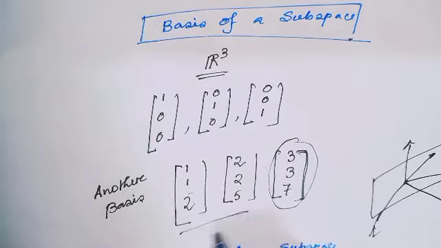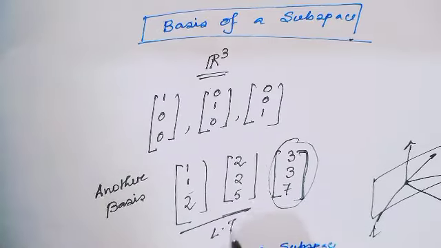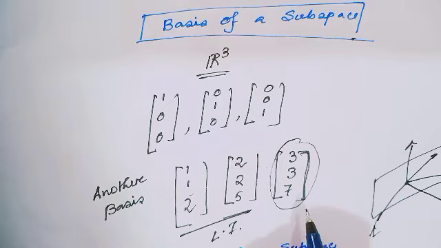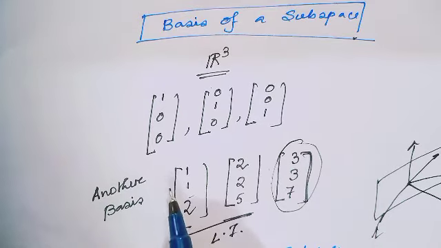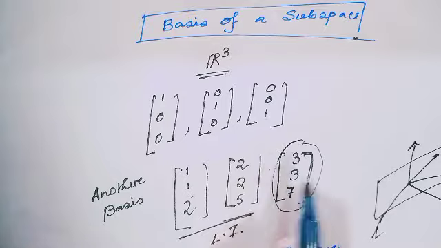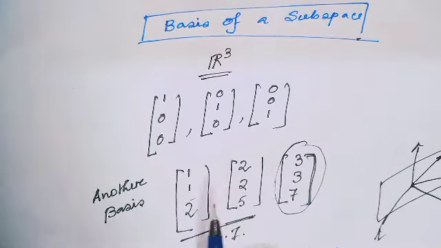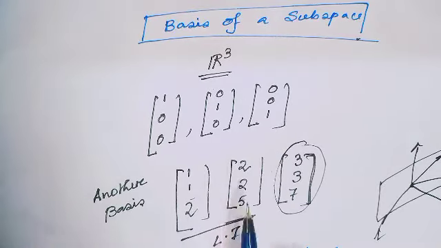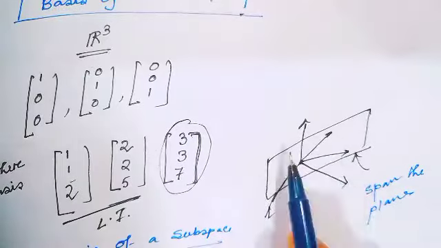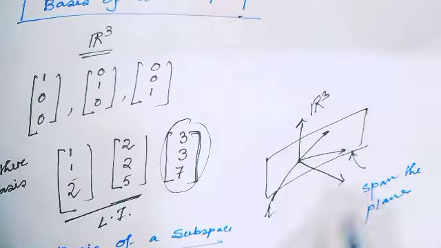So these two vectors are obviously linearly independent, but the three vectors are not linearly independent, so they are not a basis of R3. But since these two vectors are linearly independent, they span a plane in R3.